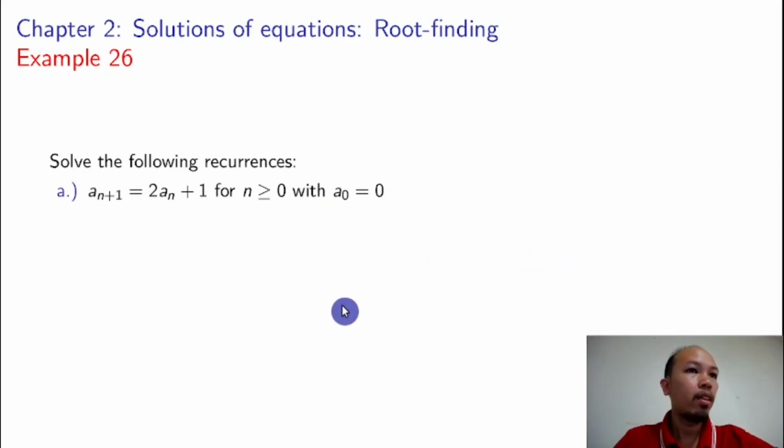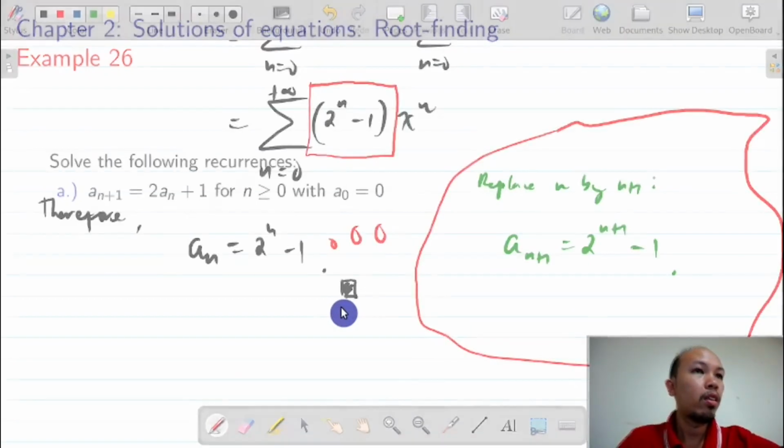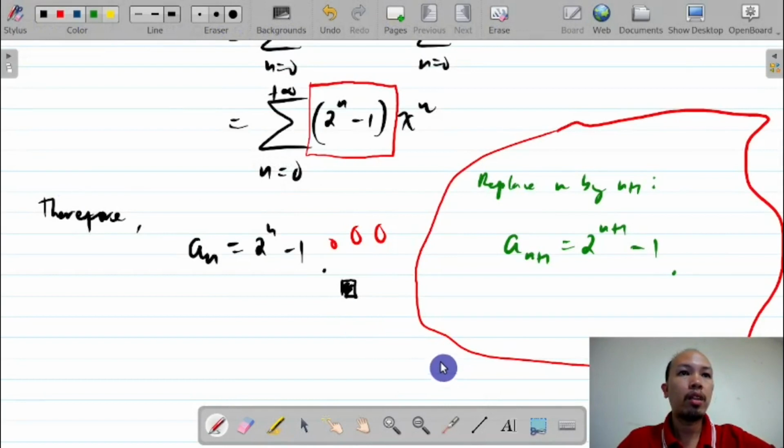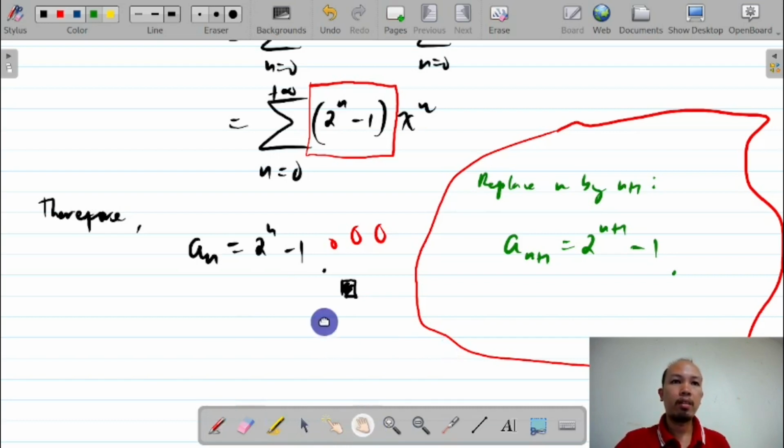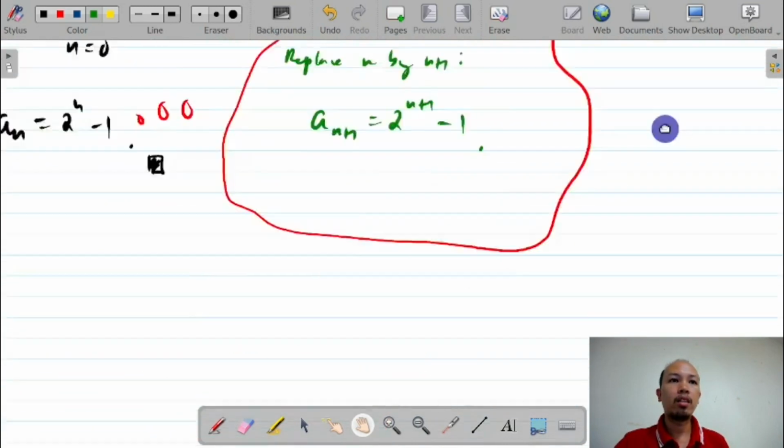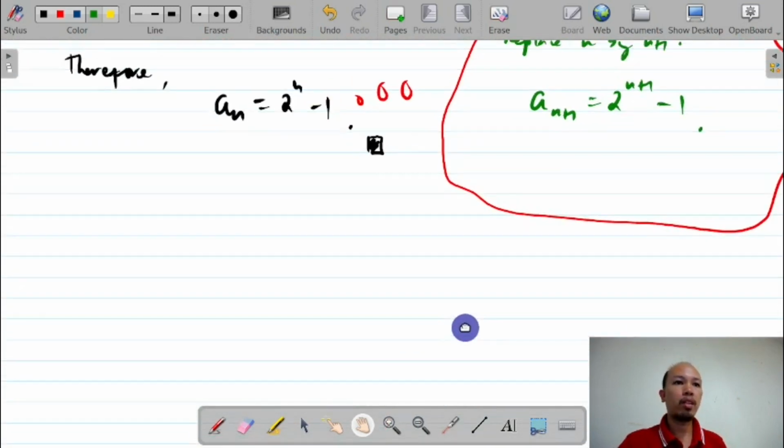So let's try to substitute some values. Okay, let's try to substitute some values. Maybe let's have here verification.